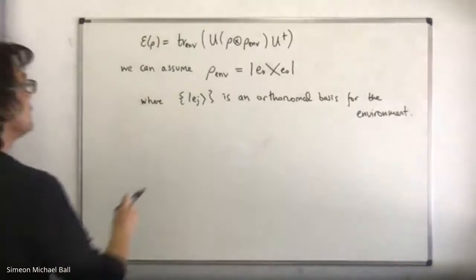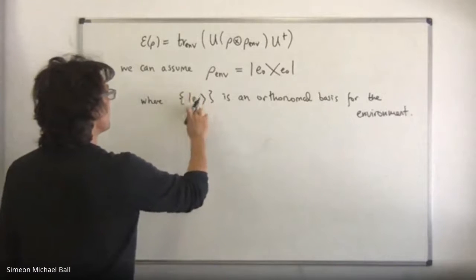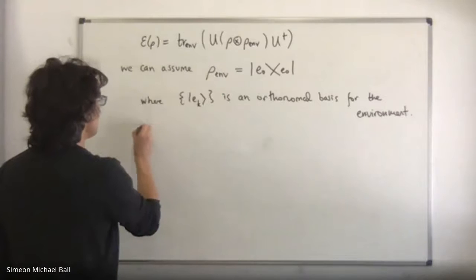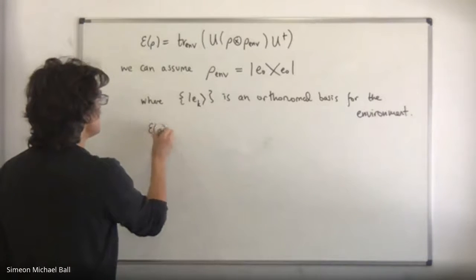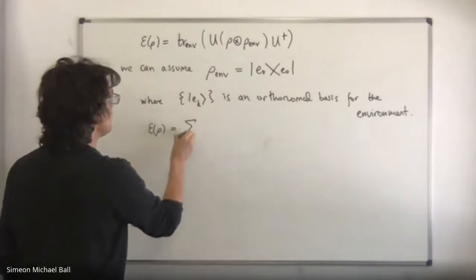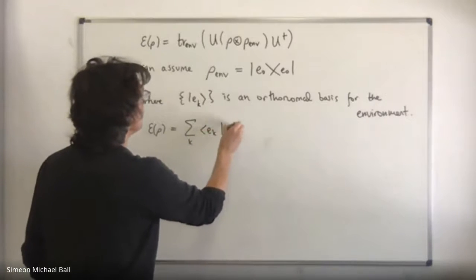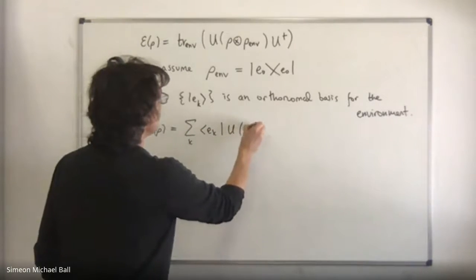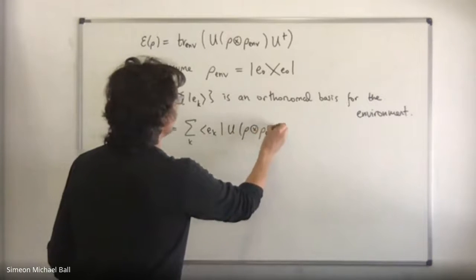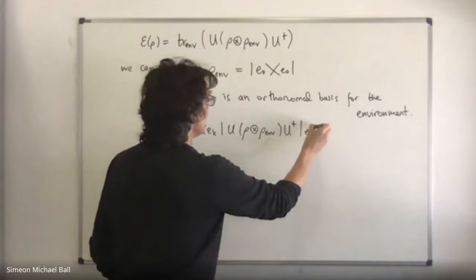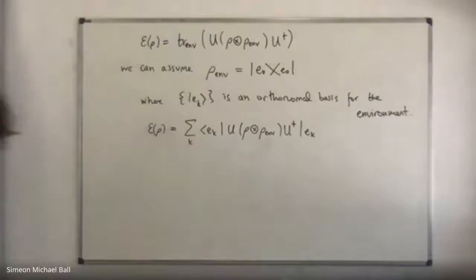So now, let's just use k. Now I can do this partial trace, and that implies that this is the sum over k of E_k U rho environment U dagger E_k. The rho environment we don't know.